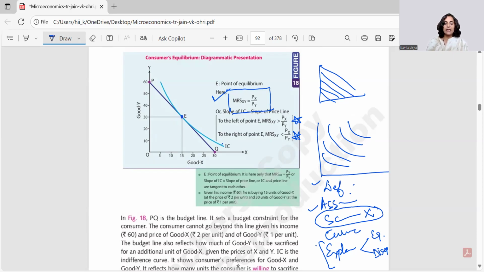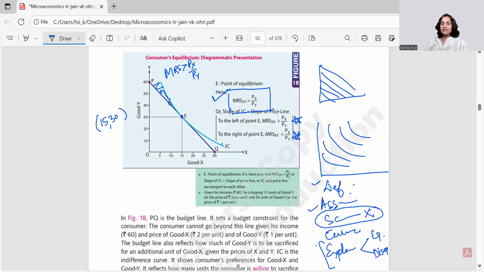And as per this diagram, he would go for a combination of 15 units of X and 30 units of Y to get the maximum satisfaction. Above point E, anywhere here, what is the situation? The situation is MRS is greater than PX by PY.